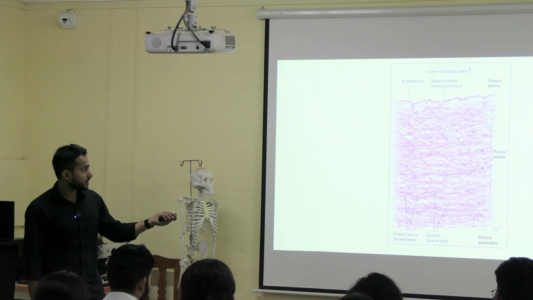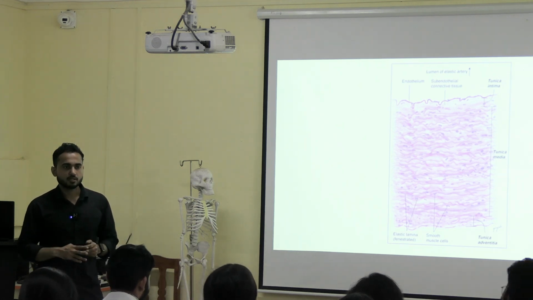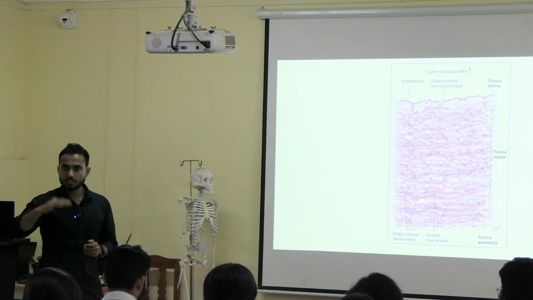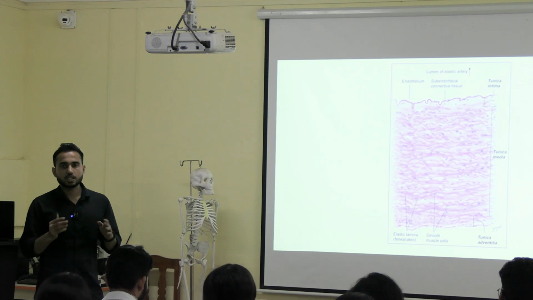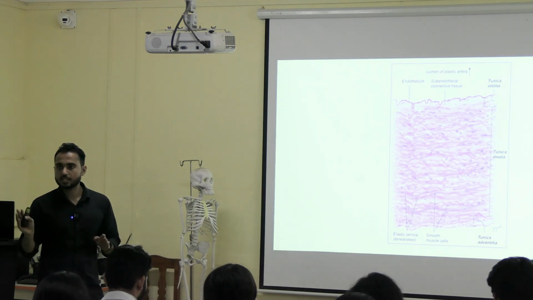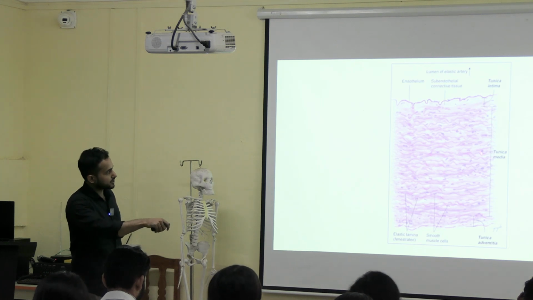So the nuclei seen here are nothing but the nuclei of the smooth muscle cells. Okay, and you can see they are placed in between the sheets of elastic fibers. In elastic fiber the nucleus will not be seen, so you can't see any nucleus over there. Okay.